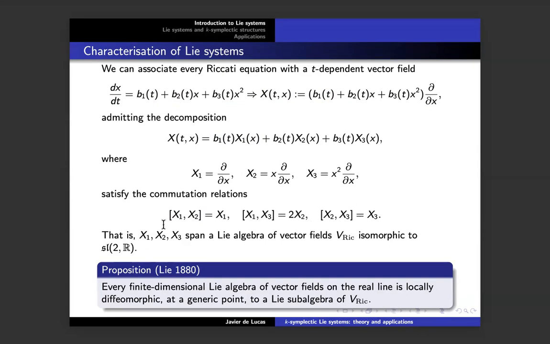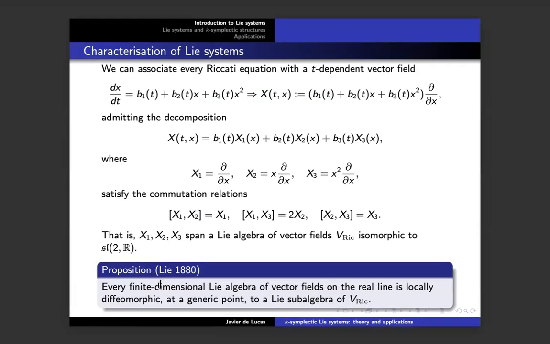So these commutators close a Lie algebra of vector fields, and the constants that describe the commutator of vector fields as a linear combination of a basis of this Lie algebra are called the structure constants of the Lie algebra. It can be proved that this is isomorphic to sl(2,R).